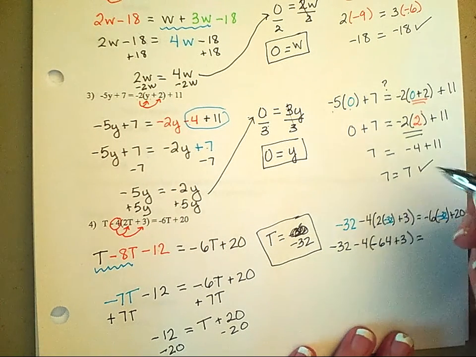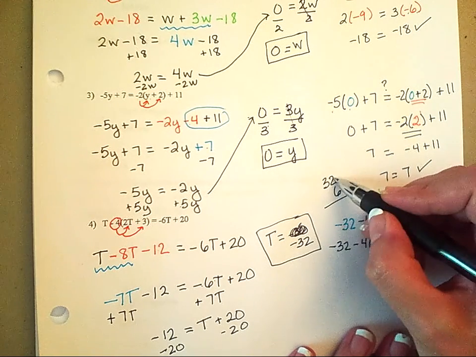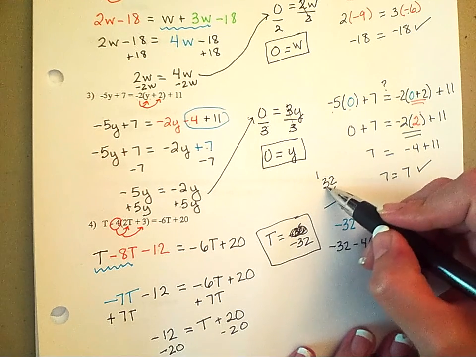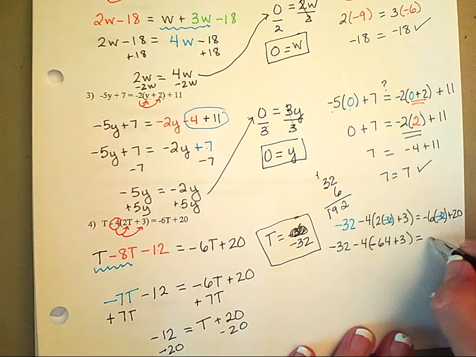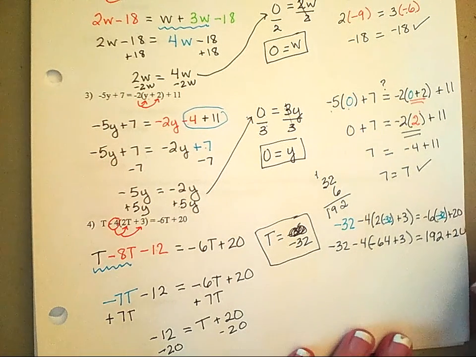And then here, negative and negative will become positive. 32 times 6. 6 times 2 is 12. Carry the 1. 6 times 3 is 18. Plus 1 is 19. So this is 192 plus 20.